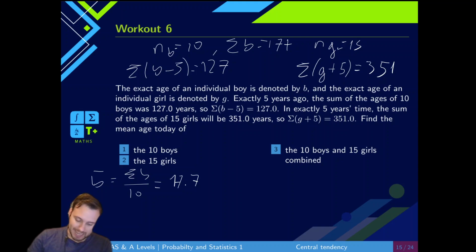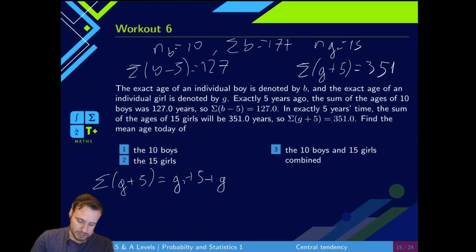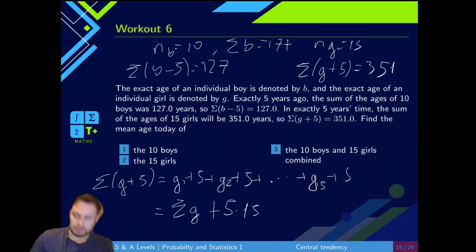Likewise, we can do the very same thing with the girls, because again, we can say, okay, well, the sum of G plus 5 is going to be the first girl plus 5 plus the second girl's age plus 5 plus so on until we get to the 15th girl plus 5. So again, this is the sum of the ages of the girls, and then we're adding 5 15 times. And this is equal to 351.